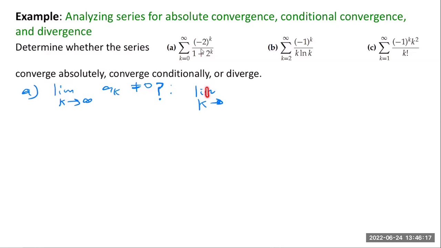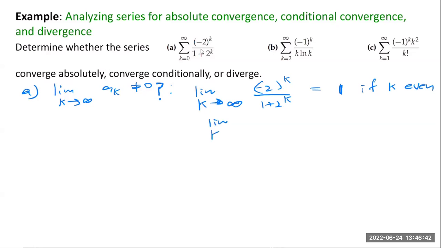Well, to find that, notice that limit as k approaches infinity of minus 2 to the power k over 1 plus 2 to the power k is equal to 1 if k is even.